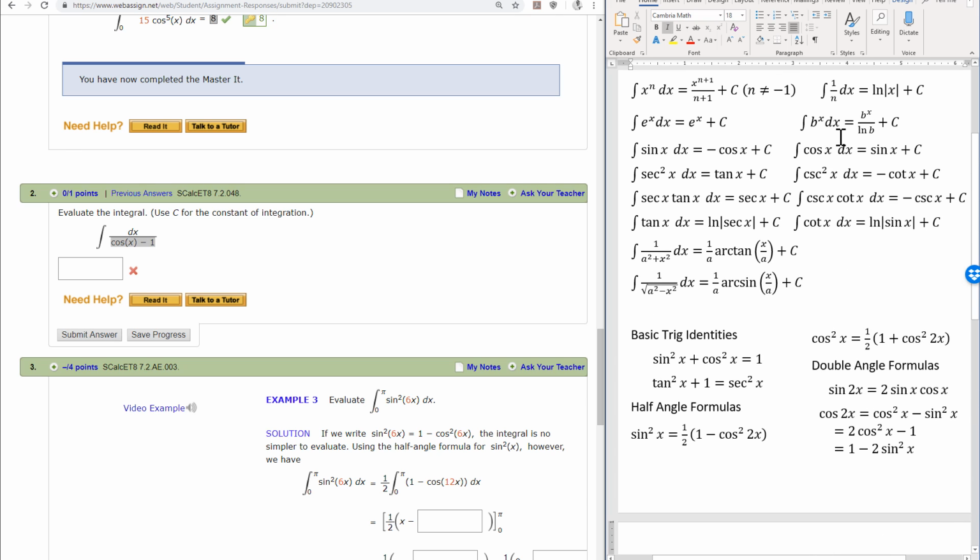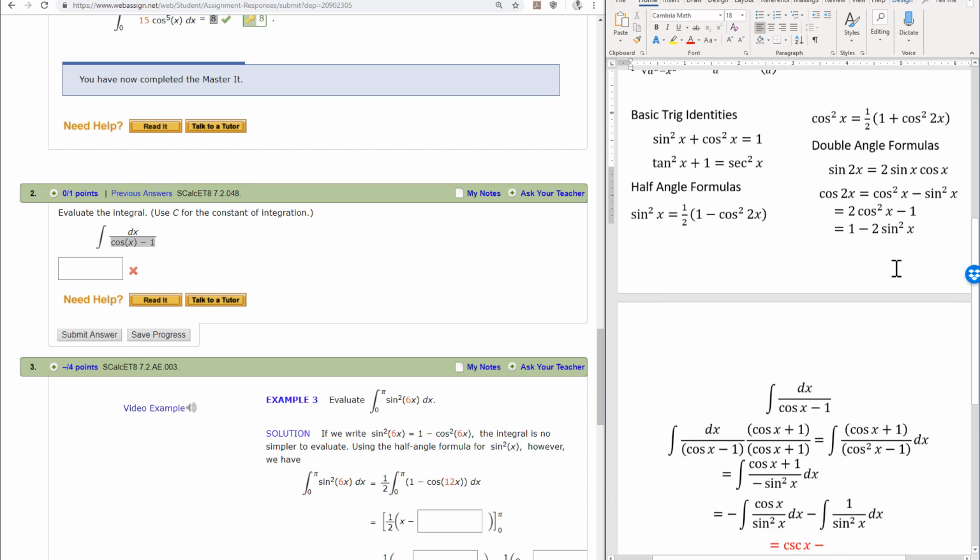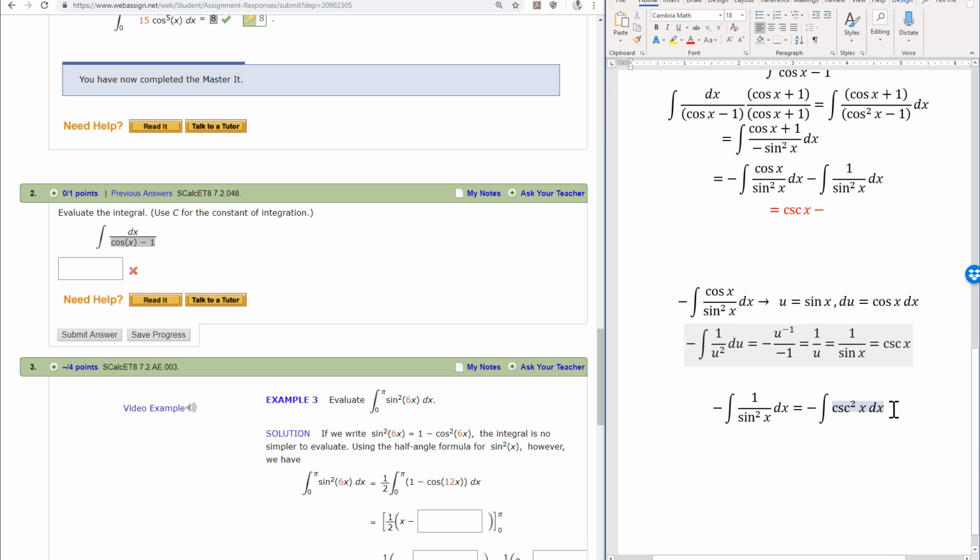The derivative of cotangent is negative cosecant squared, so let's throw a negative there. So we have a negative cotangent, and with the outside negative that would be positive cotangent.